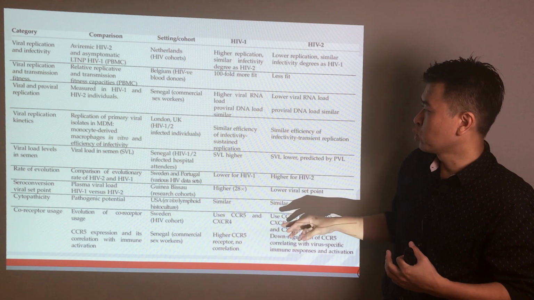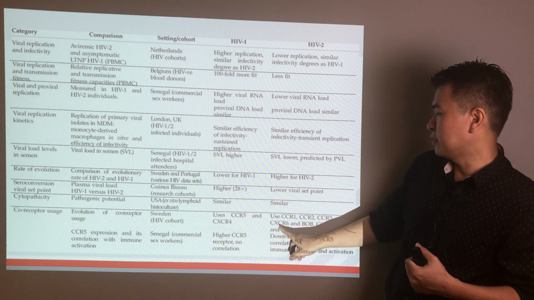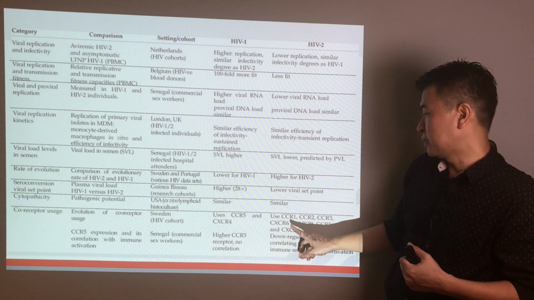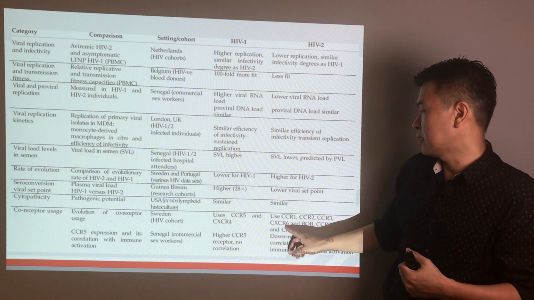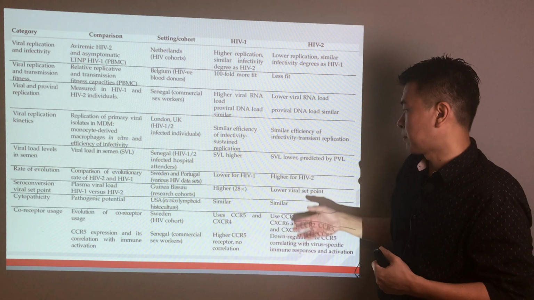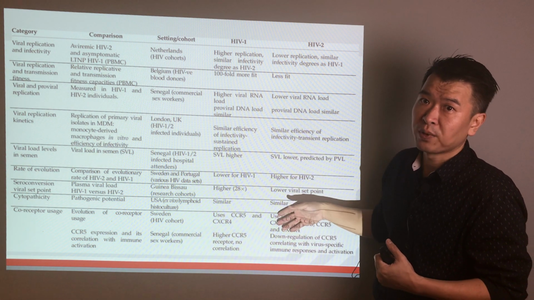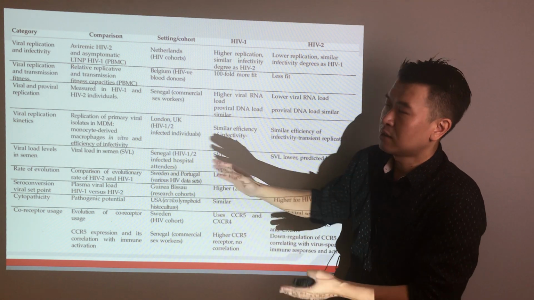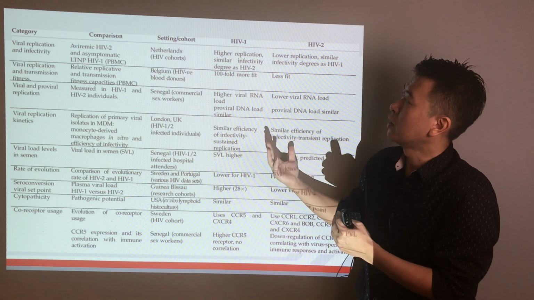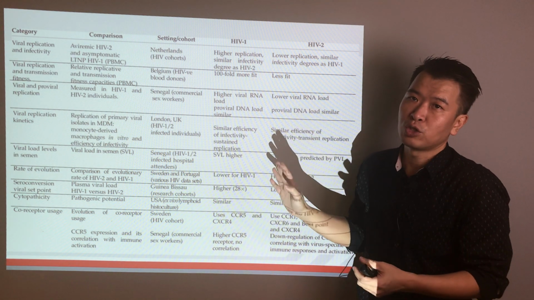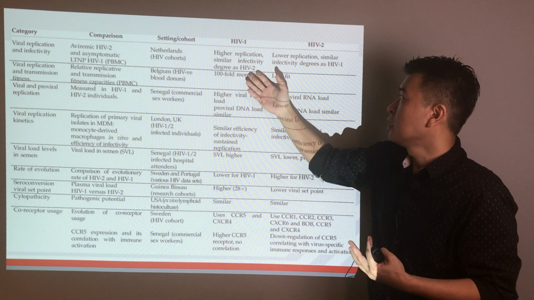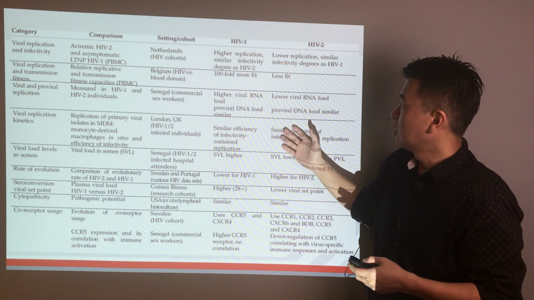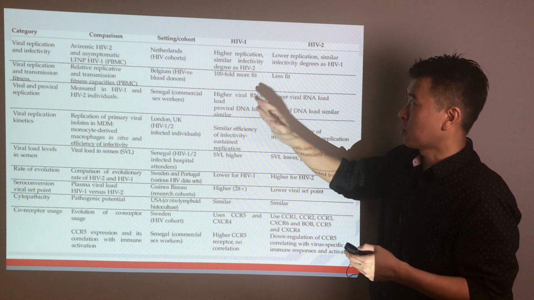Whereas for HIV-2, not only does it have CCR5 and CXCR4, it can also use CCR1, 2, 3, and CXCR6 as coreceptors, meaning that it has more coreceptors that can be used to enter the cell. So basically, this is a summary comparison between HIV-1 and 2. Not only are they genetically different, even the virus replication and infectivity are also slightly different compared to each other.